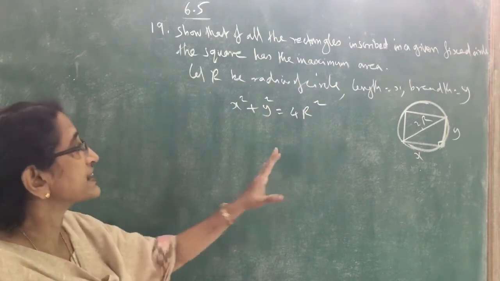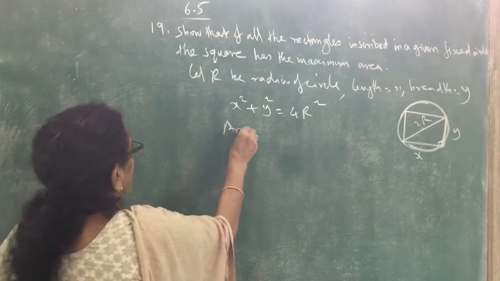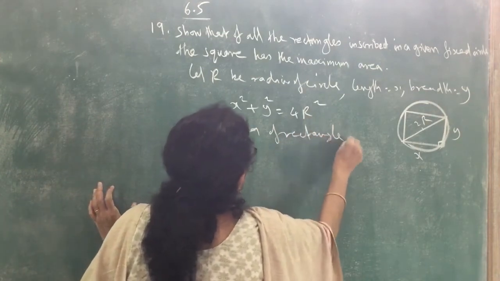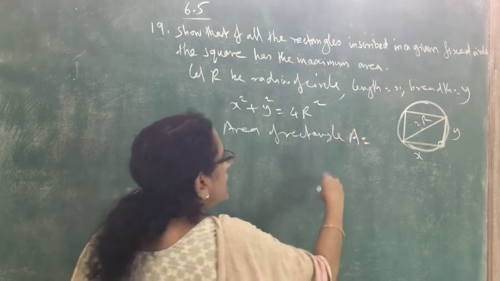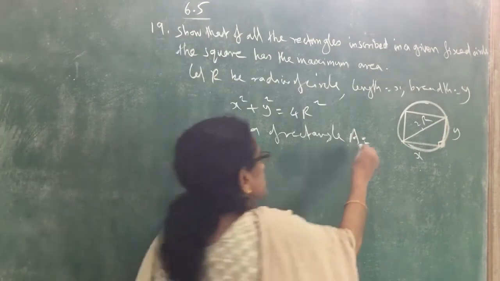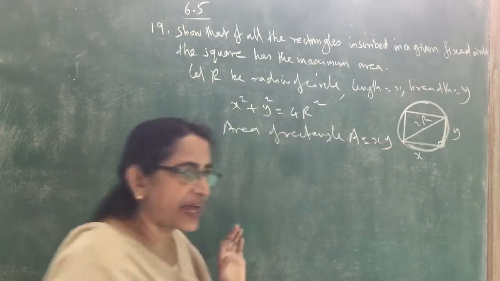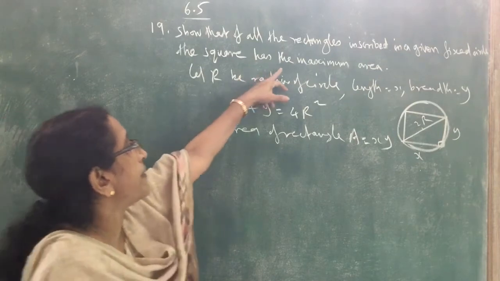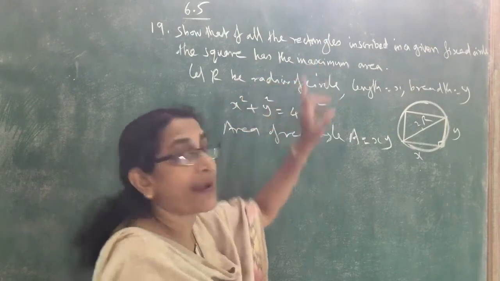Area A equals length into breadth, x into y. That is the function to be maximized.